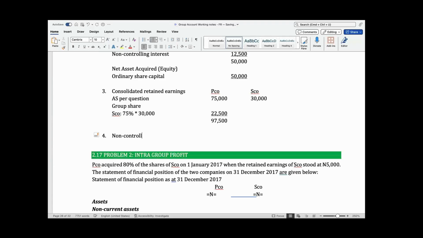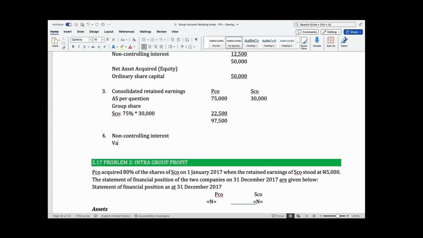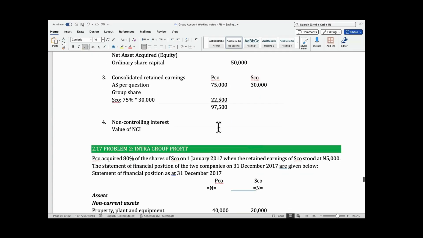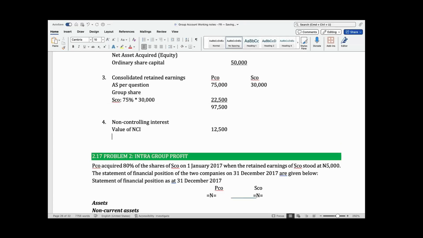Finally, non-controlling interest, value of NCI, computed it as 12.5 here. NCI share is 25% times this 30,000.